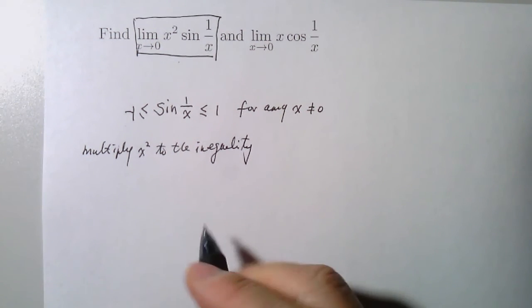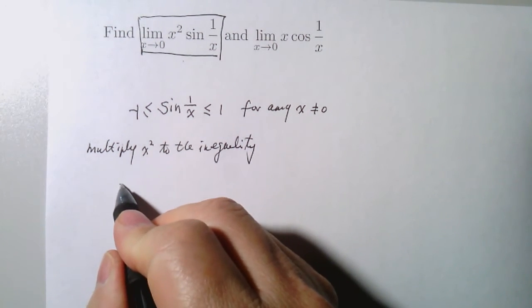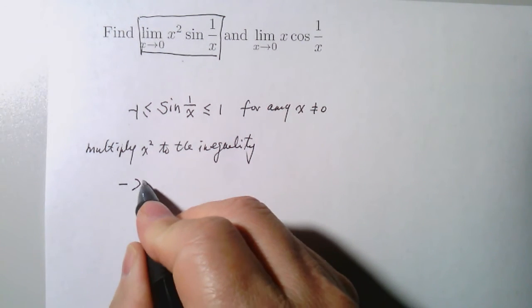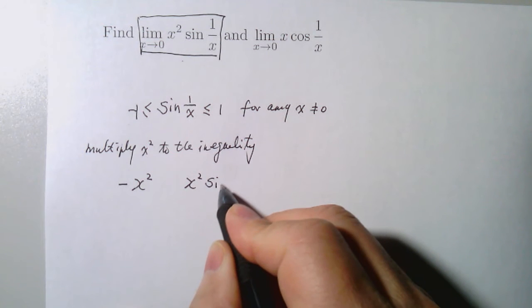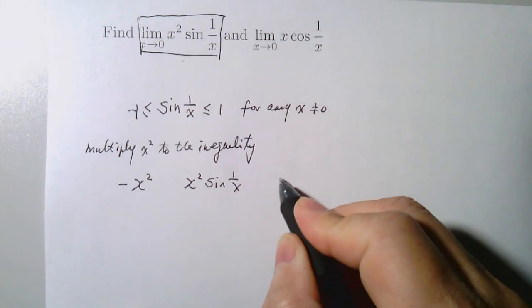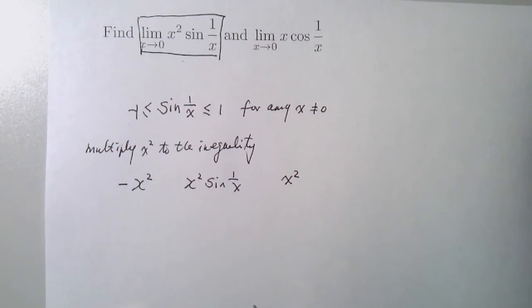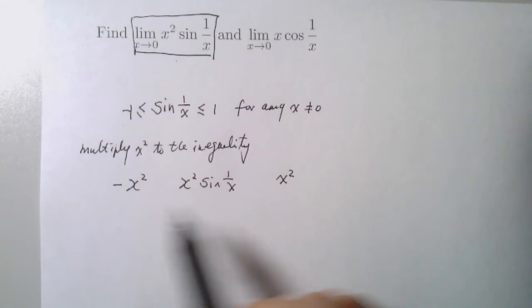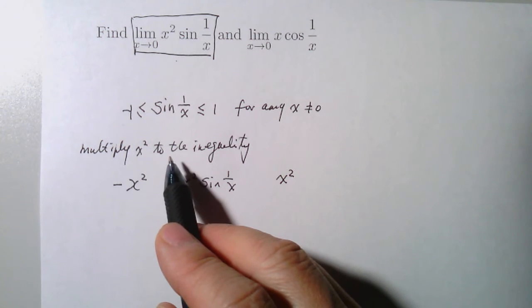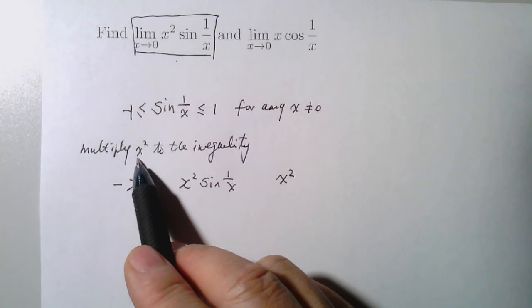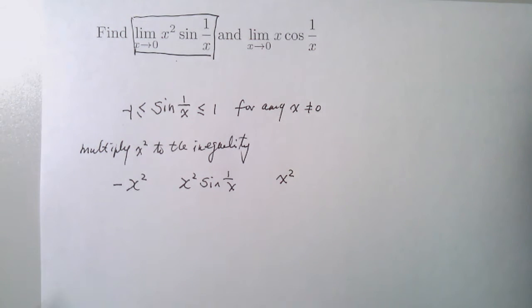So now it is negative x squared, x squared sine 1 over x, and x squared. Because x squared is greater than 0, because the x we choose is definitely not equal to 0.